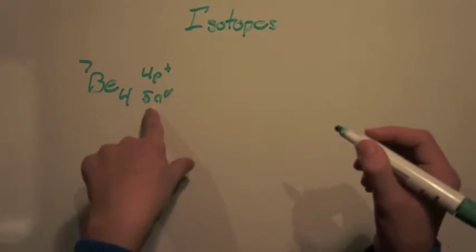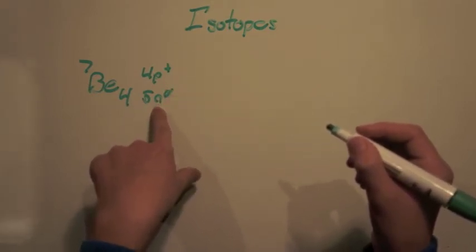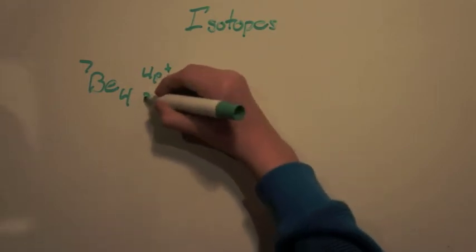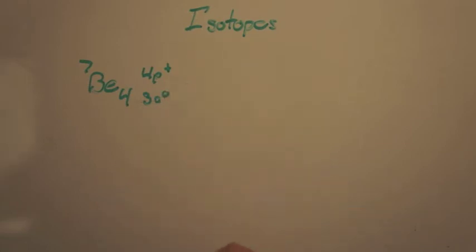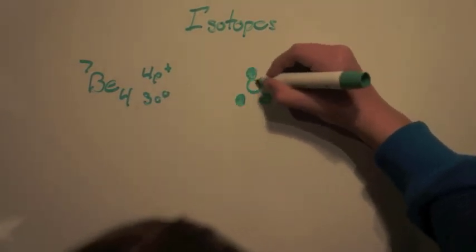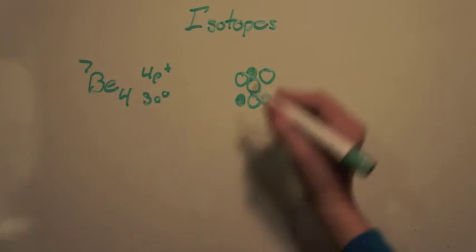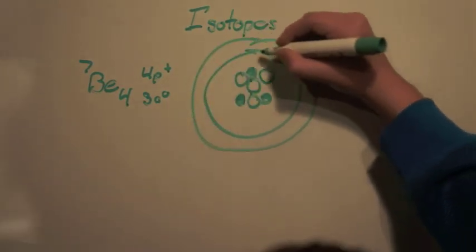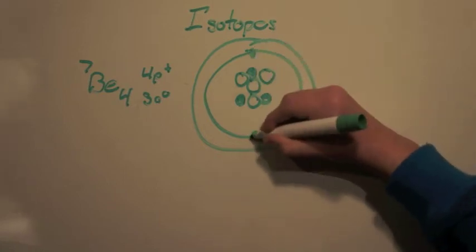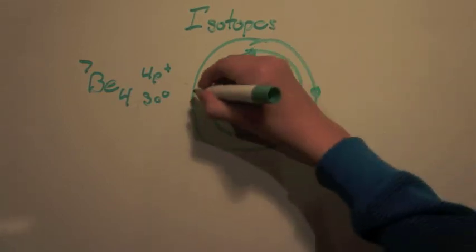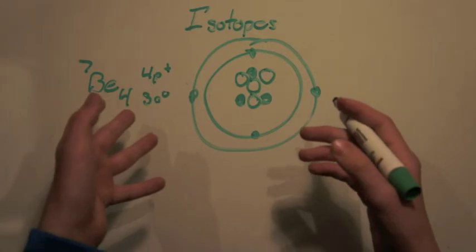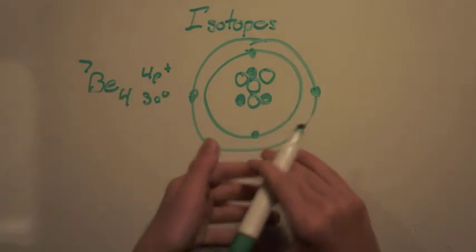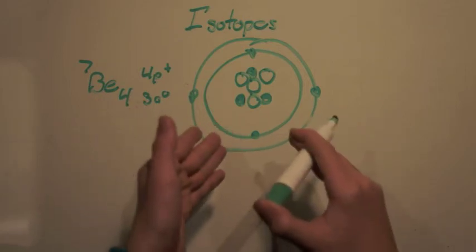But in this case, in this isotope, it is missing 2 of its neutrons, leaving it with only 3. And there are 4 electrons spinning around it. In beryllium's case now, it is unstable. It has 3 neutrons instead of 5.